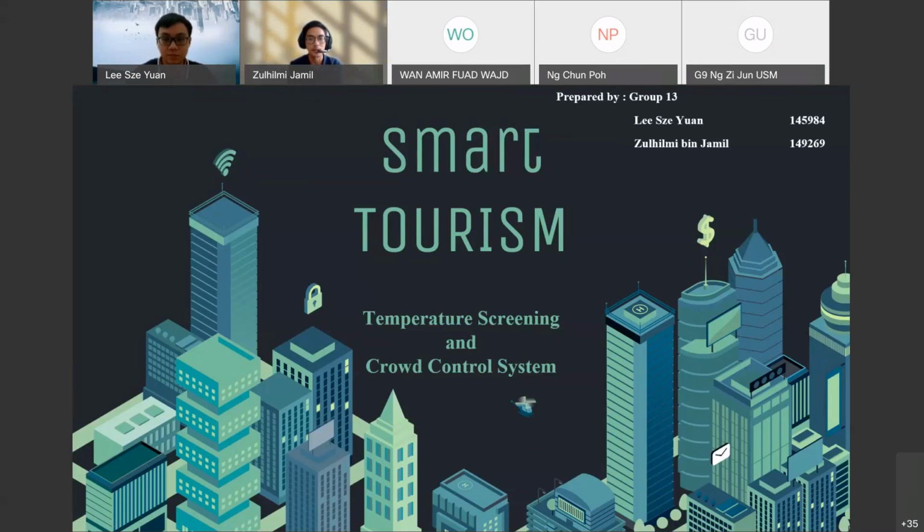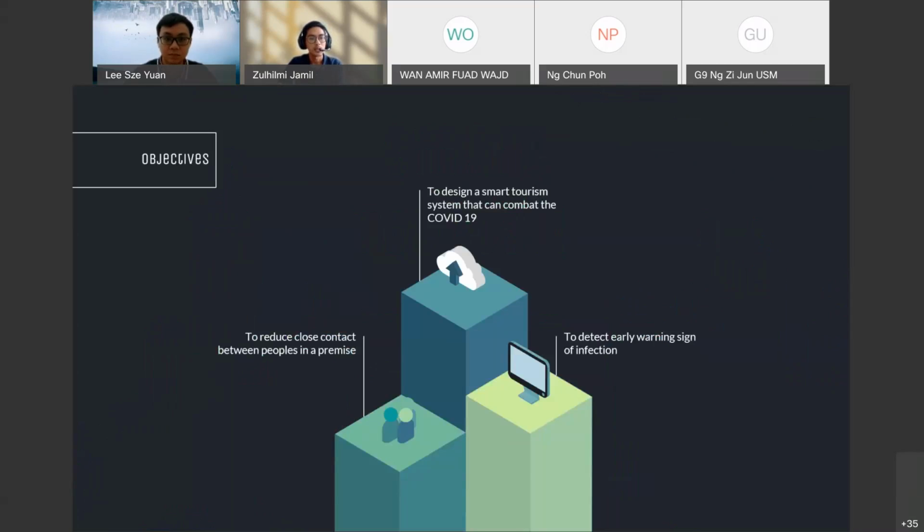This system is divided into two parts, which are the temperature screening and the crowd control system. The objective of our mini project is to design a smart tourism system that can combat COVID-19, and second, to detect early warning signs of infection.